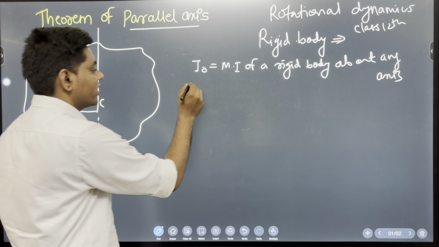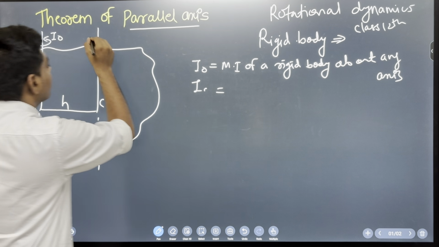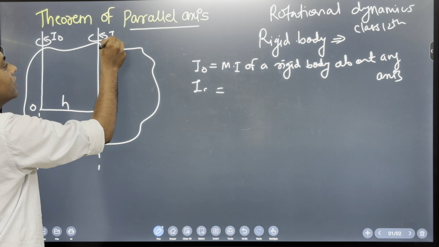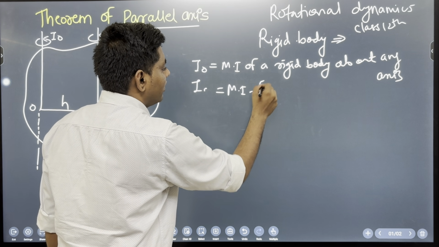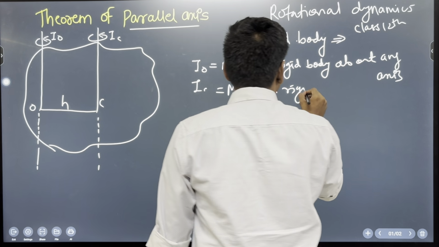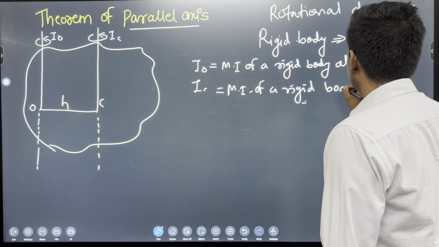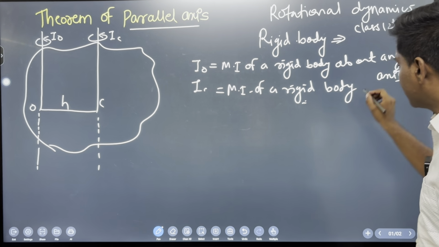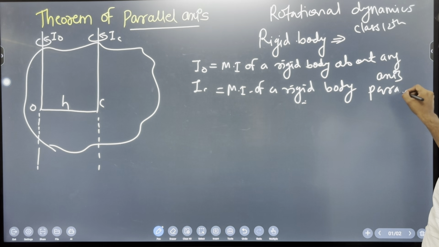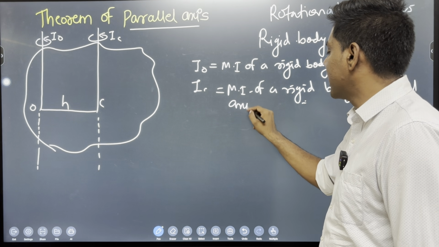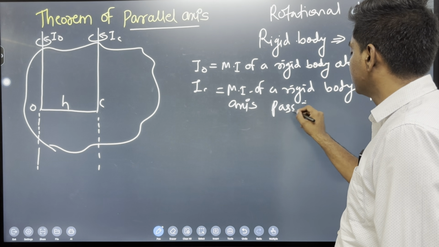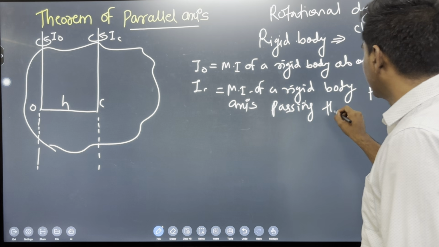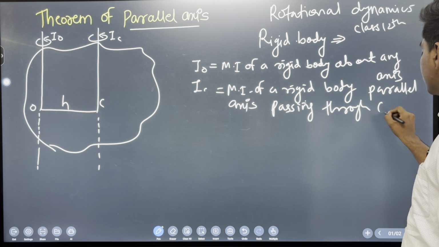So what is IC? It means the moment of inertia of the rigid body about a parallel axis, passing through the center of mass.